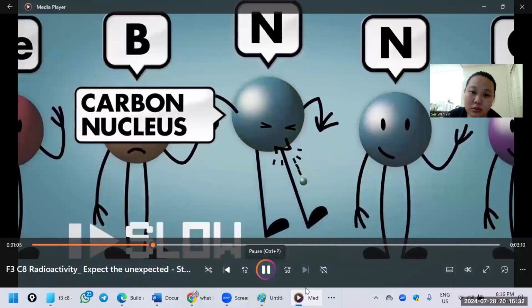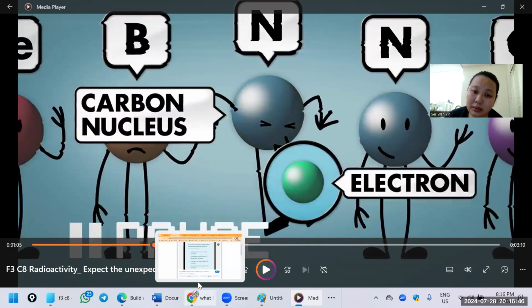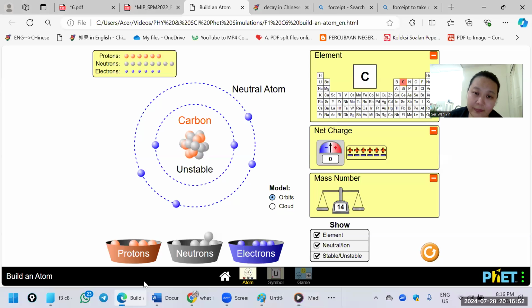They try to emit out radiation, alpha, beta, or gamma, to make them more stable. Okay, the nucleus is not stable. They try to emit out radioactive radiation to make them stable. They split out neutrons, something like that.